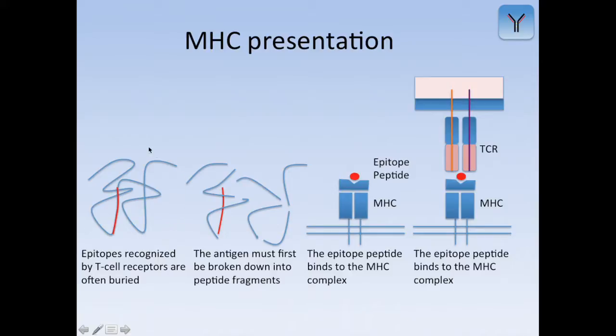After being engulfed by the macrophage or the dendritic cell, it gets degraded by toxic degradative enzymes in the cell into little pieces, and then it'll grab all these pieces and express them on the cell surface through an MHC complex. For example, it grabs this one red piece, and then it'll express this on the MHC complex.